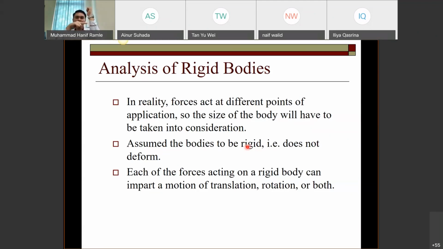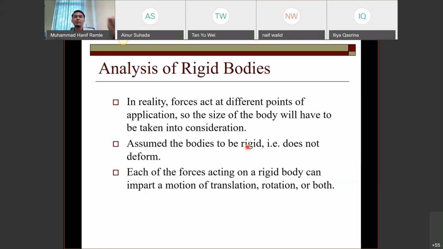Let's say I push my hand like this, there is an external force. There are many forces at different points, external and internal, and we can see a lot of ligament, tendon, and so on. So the size of this body will have to be taken into consideration: the length, and also the thickness, for example.